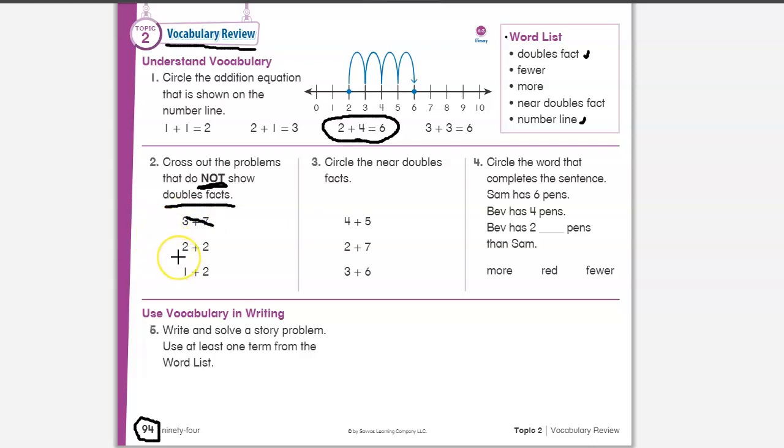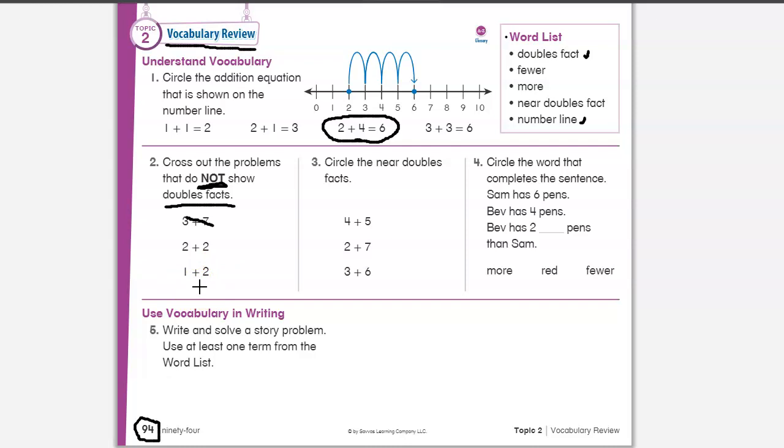Let's look at the next addition fact. It says 2 plus 2. Is 2 plus 2 a doubles fact? 2 plus 2 is a doubles fact. Both of these numbers are the number 2. This makes it a double. In our last equation, 1 plus 2.